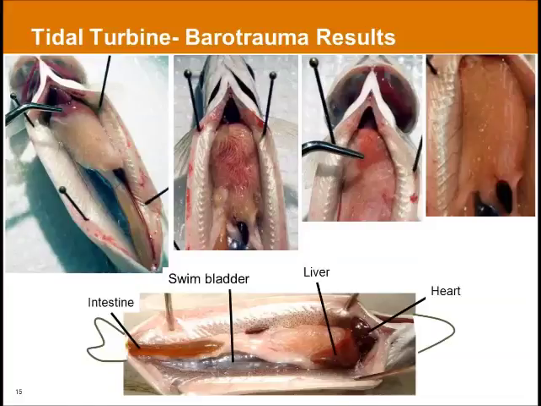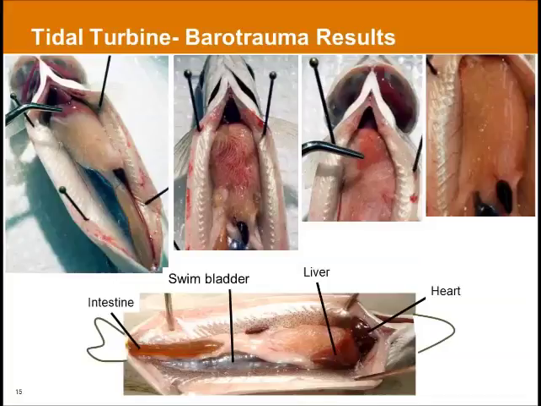Then the weighting was multiplied by that severity score. That was done for each injury observed in a fish, and the products were summed across all injuries. That gave us a response severity weighted index. This has proven to be a very sensitive test that we have so far.